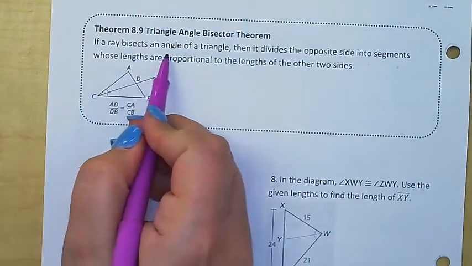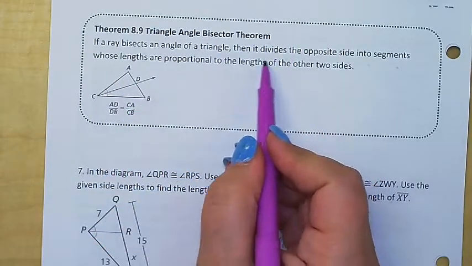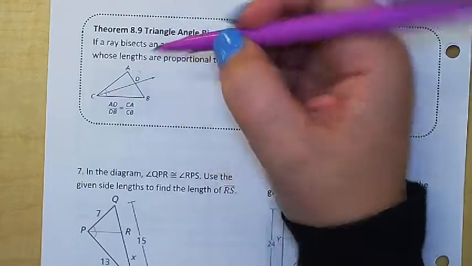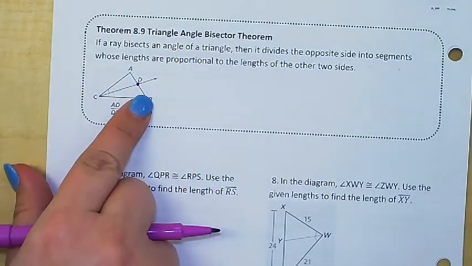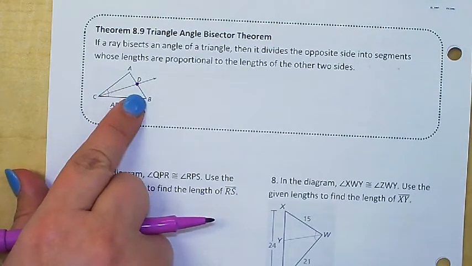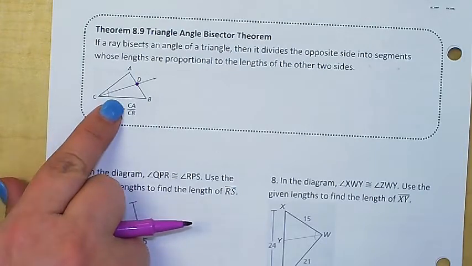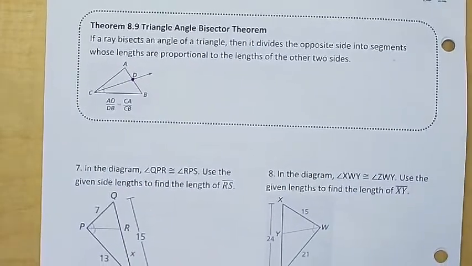So if a ray bisects an angle, here in this case ACB, then it divides this opposite side, when it intersects right here, into two shorter segments whose lengths are proportional to the side lengths, which is really kind of interesting. I've always found this one to be very fascinating.